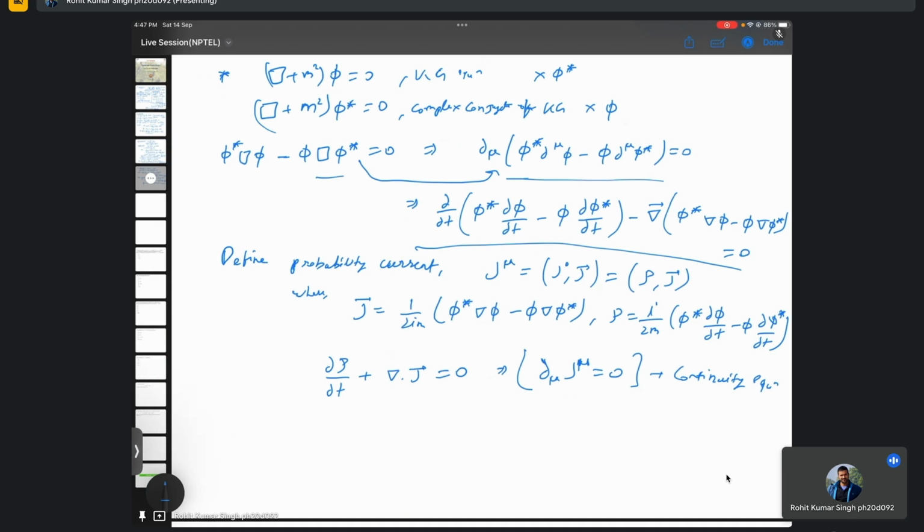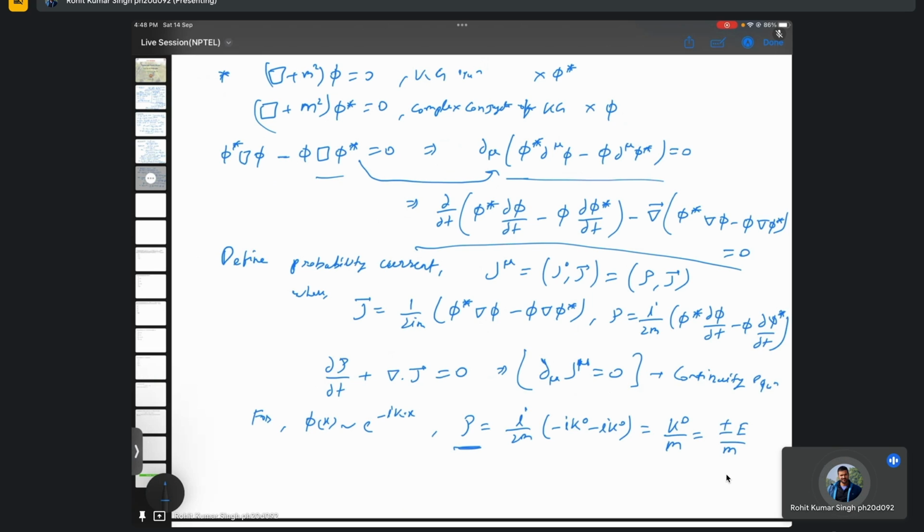Now, one interesting thing we can see from here is, for phi of x, the plane wave solution of the Klein-Gordon equation, rho will be simply this, which is plus or minus.